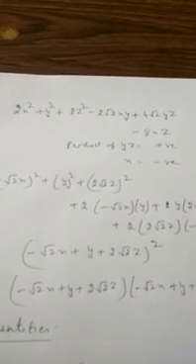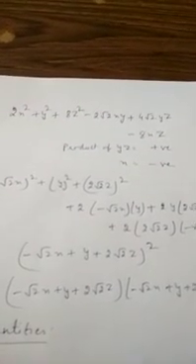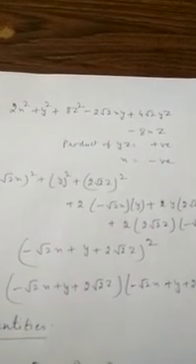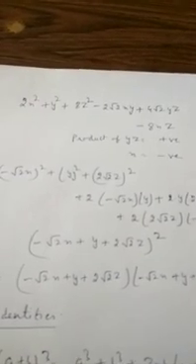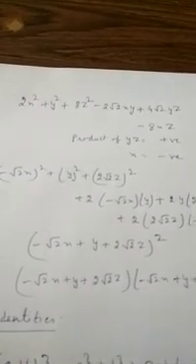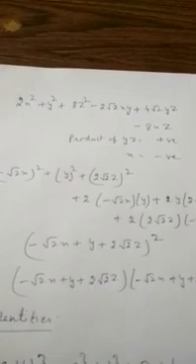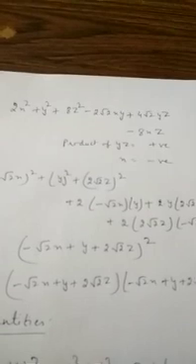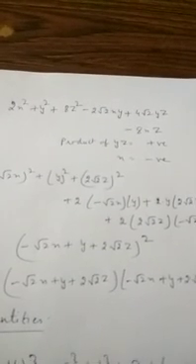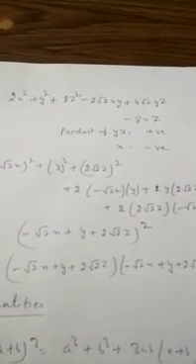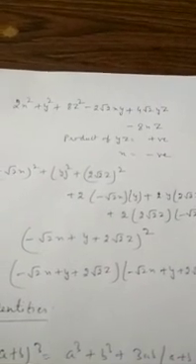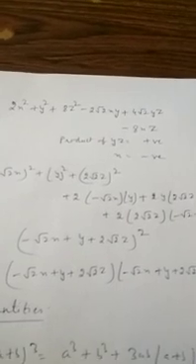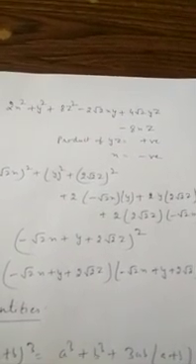Here, if we check the given expression, the product of yz is positive, it means y and z should be positive and x should be negative. 2x square is the whole square of minus root 2 x, plus y square, and 8z square is the square of 2 root 2 z. So here a is minus root 2 x, b is y, and c is 2 root 2 z.